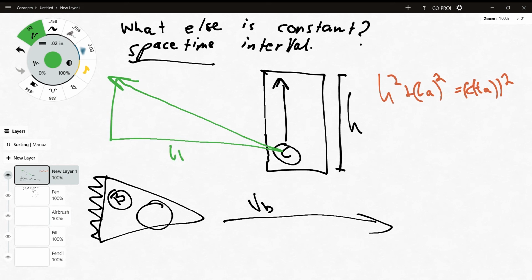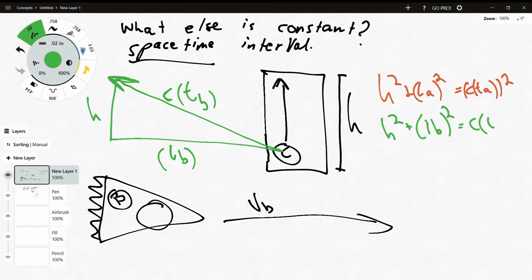It has length LB, time TB, times the speed of light, because if we have velocity c and time TB, we do have distance, and that is the total distance the photon travels. Then we once again have the fixed height h. Now what we can say is, h squared plus LB squared equals (c TB) squared.